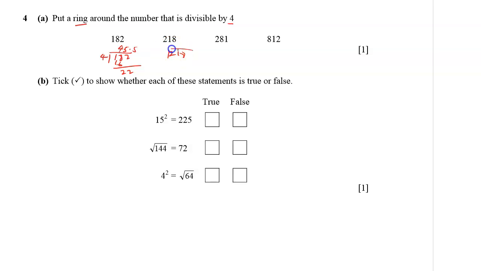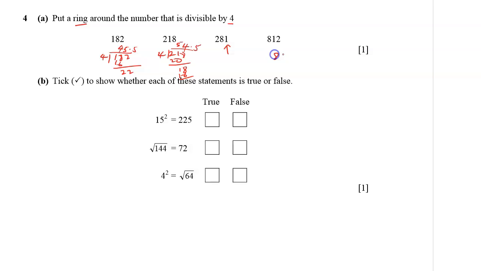218 divided by 4. This will give us 5, 5 fours are 20. Of course, this is 4 fours are 16. So 54.5, not divisible by 4. 281, obviously it's not divisible by 4 because it has an odd number at the end there.